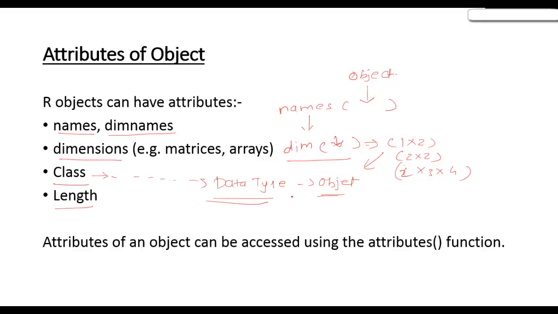The class method will return a string, and that string will have information regarding the data type, the five basic data types that we discussed earlier.